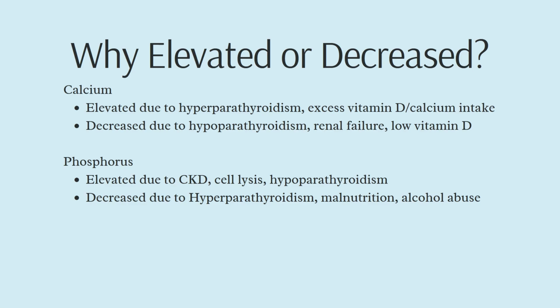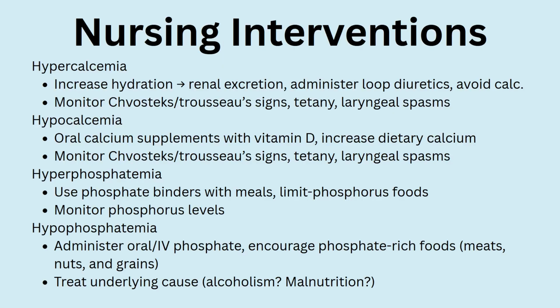For phosphorus, it can be elevated due to chronic kidney disease, cell lysis, or hypoparathyroidism, the inverse relationship with hypercalcemia. Phosphorus is decreased due to hyperparathyroidism, malnutrition, or alcohol abuse.